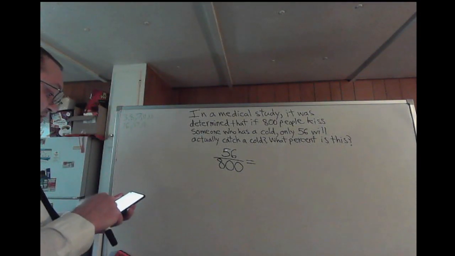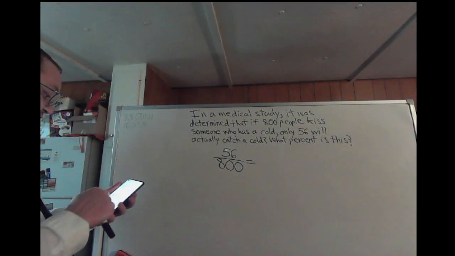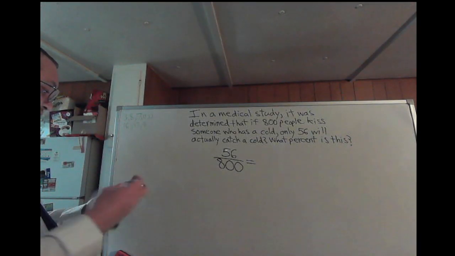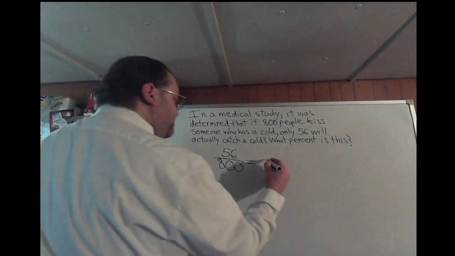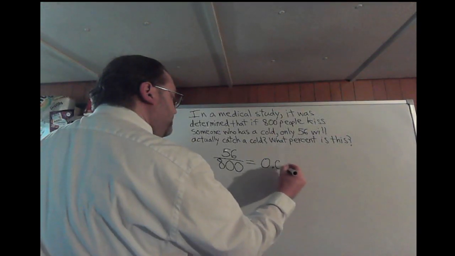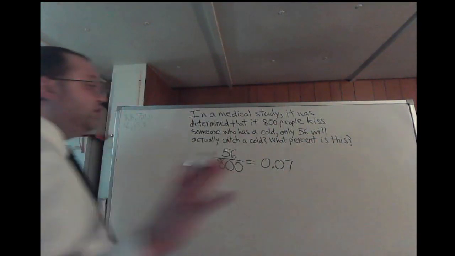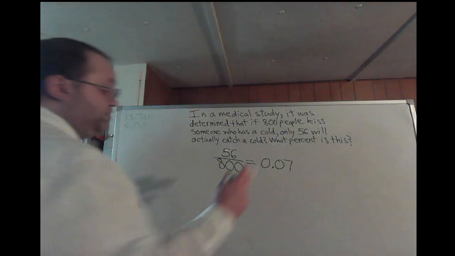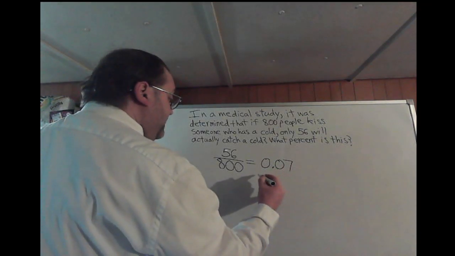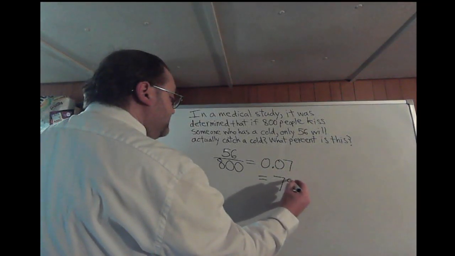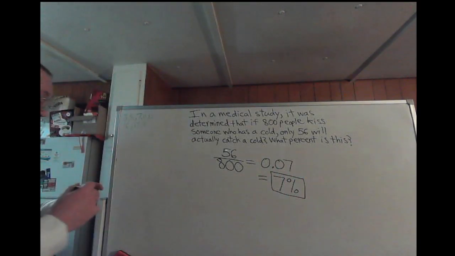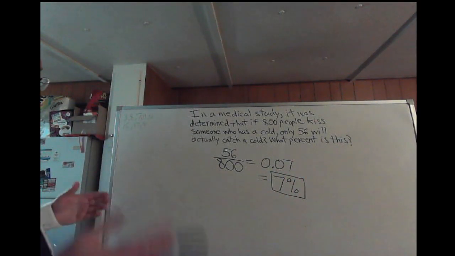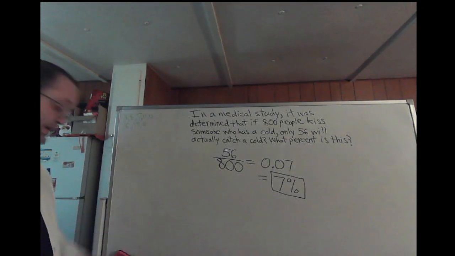That'll come out as a decimal first. Well, that is equal to 0.07. But they want to know a percent. So you just move the decimal place two to the right, you'll end up getting 7%. So yeah, 7% of people who kiss someone with a cold will catch a cold.